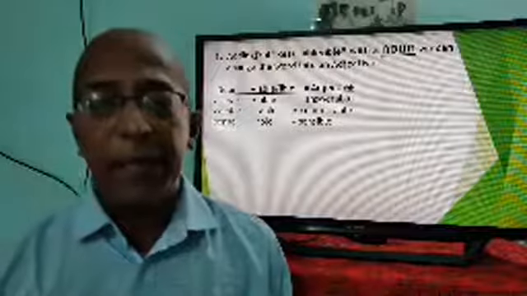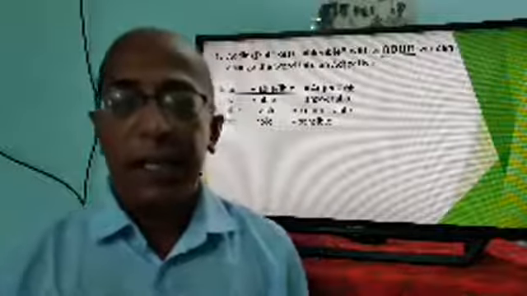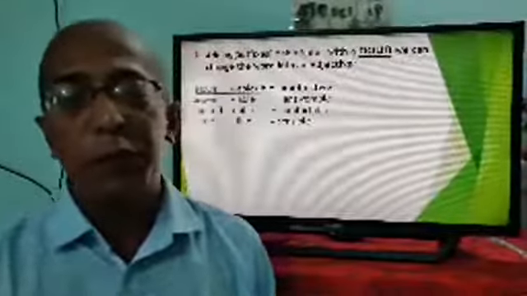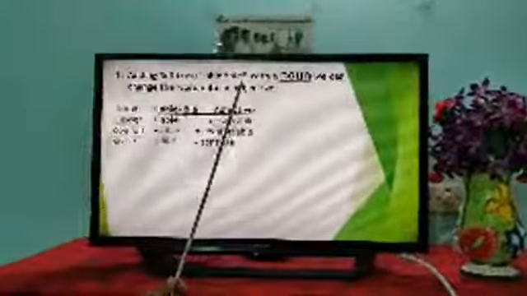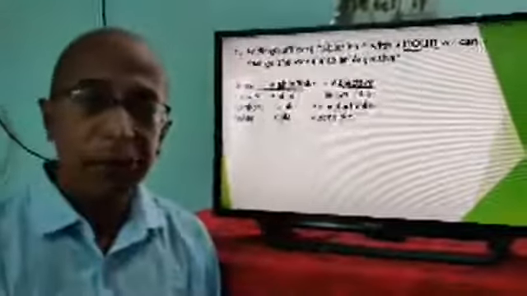Able, ible, ous, al, ful, these suffixes are used to form adjectives. So able and ible are used to form an adjective with a noun. Answer, able, answerable. Please write them down.